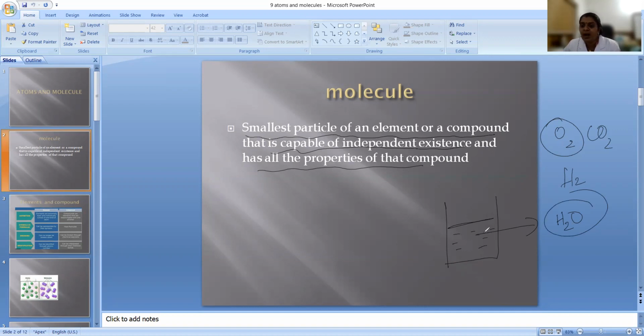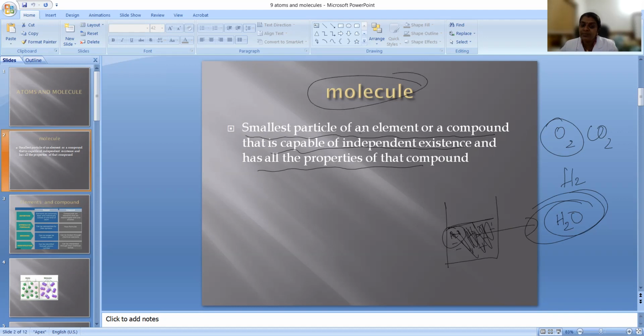If you take any part from here, this is filled with H2O, H2O, H2O molecules. So the smallest particle which is present here is H2O, and each and every molecule of water has all the properties of this water. That is called a molecule.